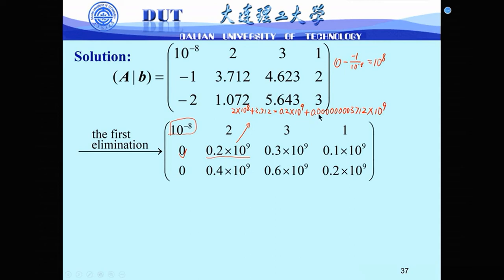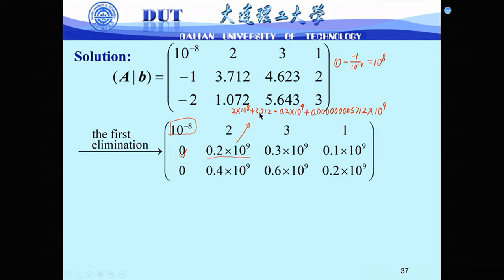Let's check. 1, 2, 3, 4, 5, 6, 7, 8, 9. Is it okay for you? Because I need to write this number 3.712 into normalized form, but using the same power of 10 to 9, because we consider the addition between the two numbers, we should use the same power. So here should be 10 to 9.